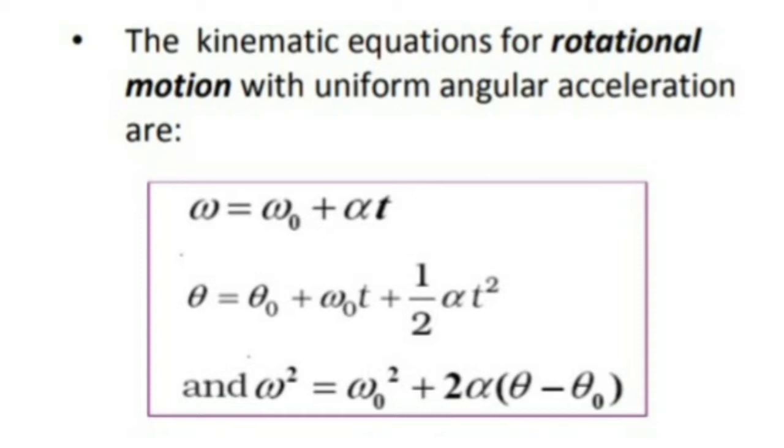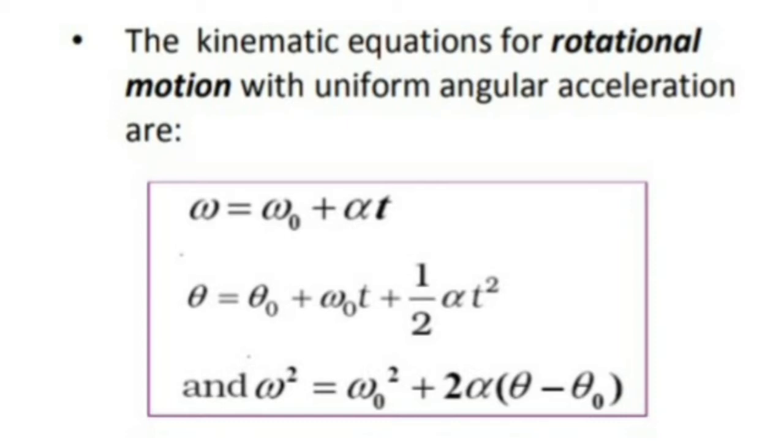Here omega is the final angular velocity, omega 0 is the initial angular velocity, and alpha is the angular acceleration. The first equation gives the angular velocity of an object at an instant of time t, provided we know the initial angular velocity and angular acceleration.